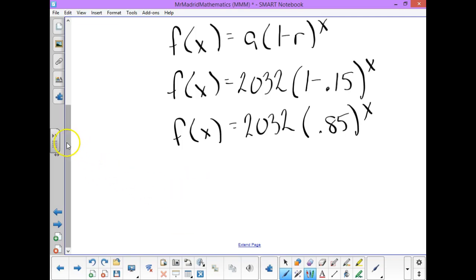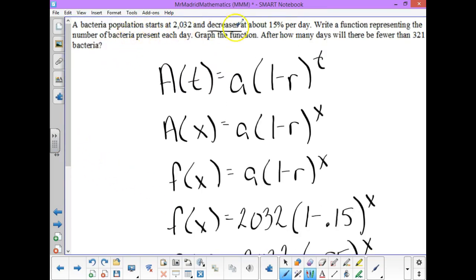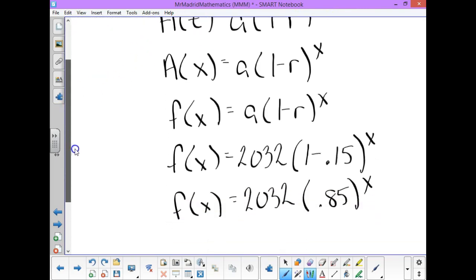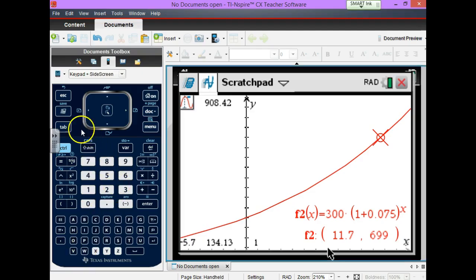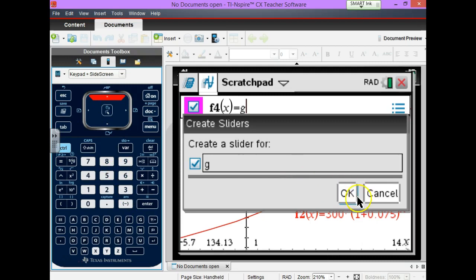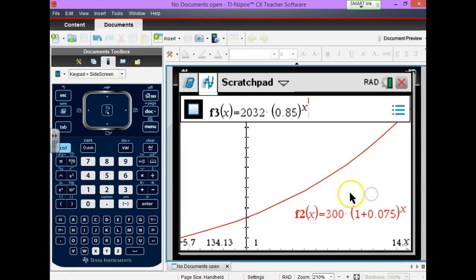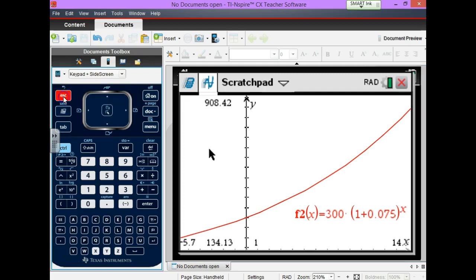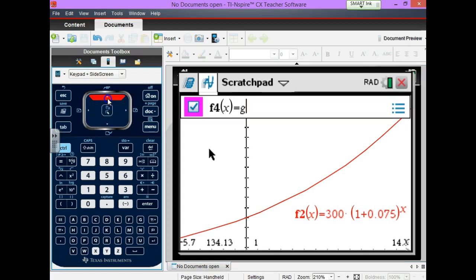Alright, so let's go back to what they asked for. Write the function, done. Graph the function, so let's move on to that one. It seems like I'm graphing some G for some reason.